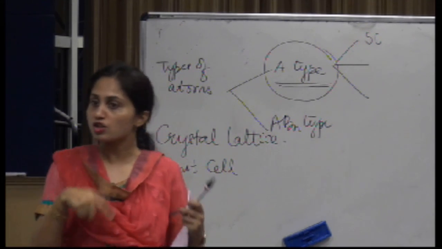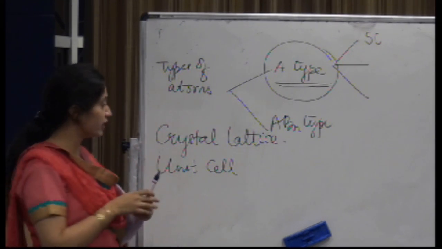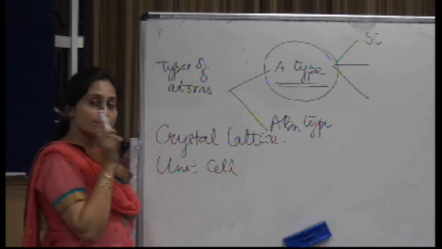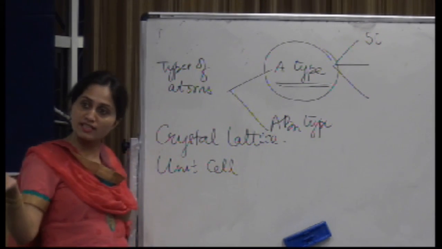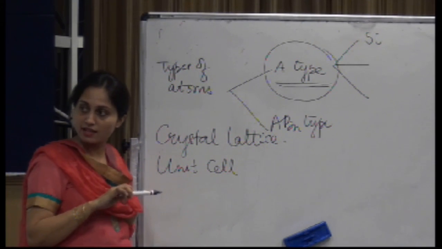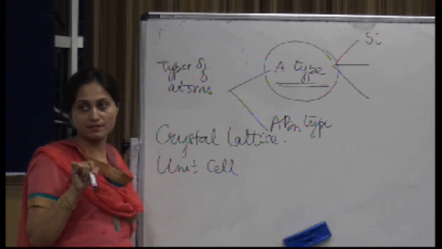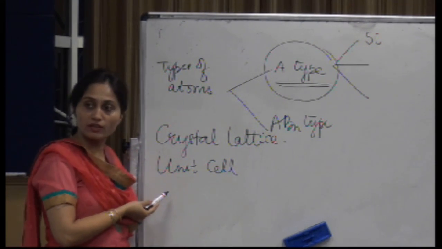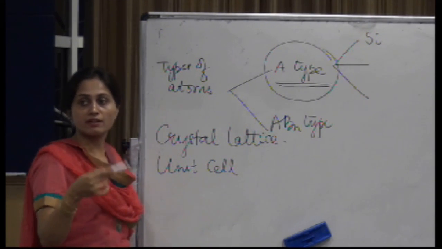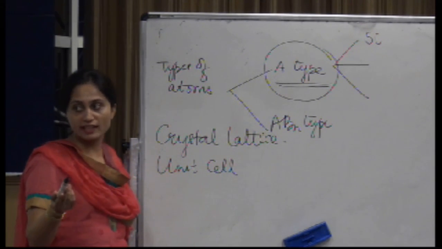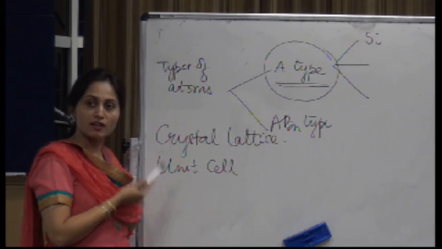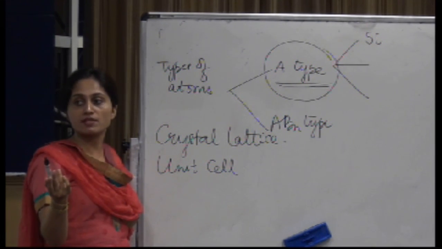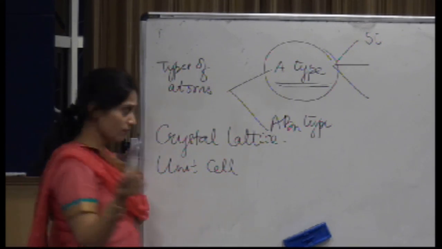Now here in solid state we are not entering the quantum world, but we are just saying that a representation of points in space is your crystal lattice, and the smallest representation is given by your unit cell, which when repeated gives you the entire lattice. और जो properties इस unit cell में हैं, वही सारी properties will be possessed by your crystal lattice.